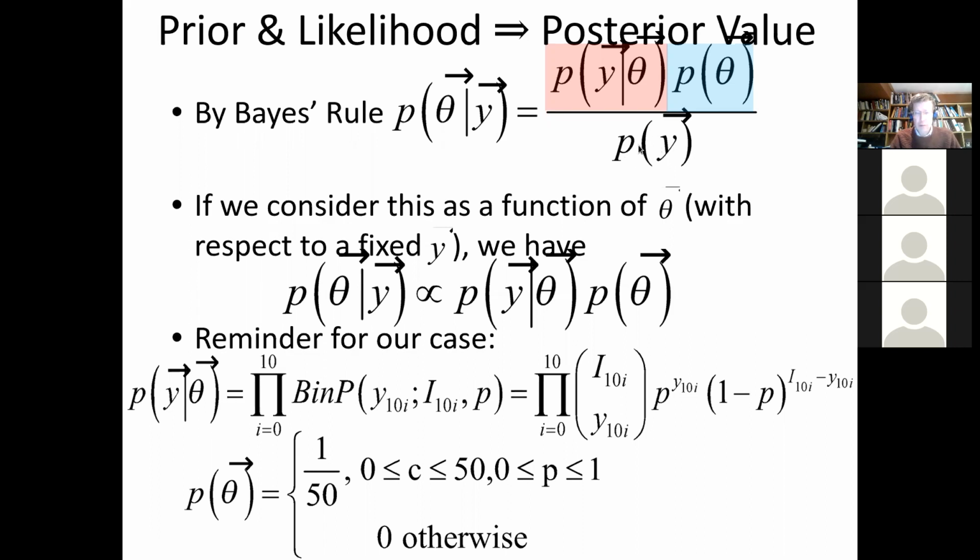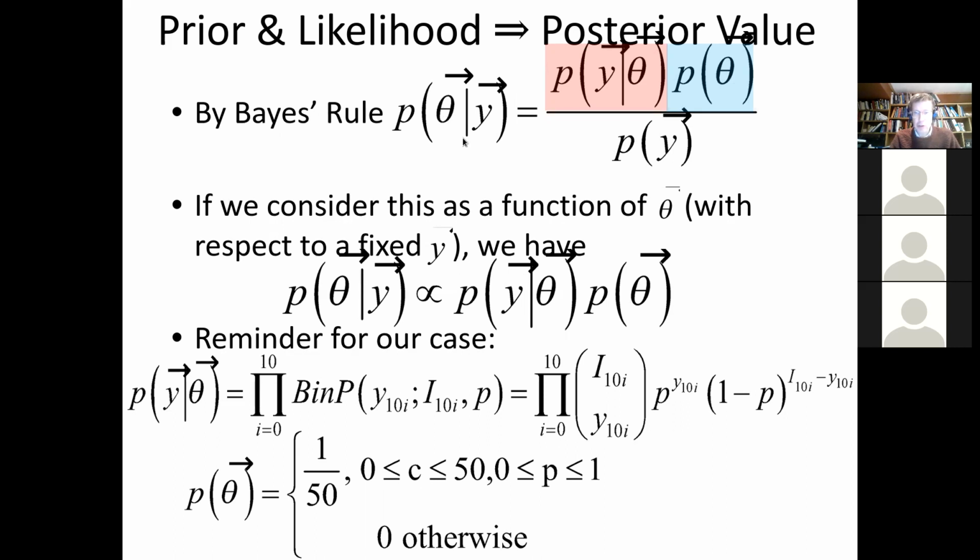So if we're considering for different theta, what's the probability of different theta? It's just some constant times this. In other words, this is proportional to this product, this numerator here.